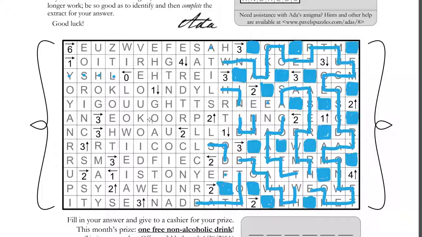Now, what can I do from that? There's still two ways this could connect. Yeah. Maybe I can continue this bit though, or something.